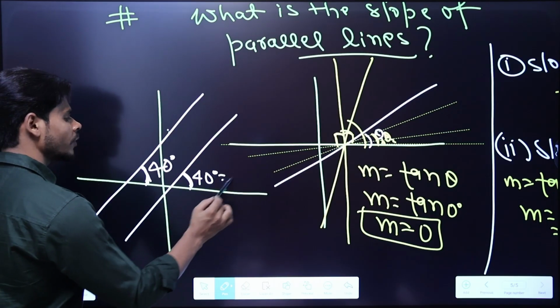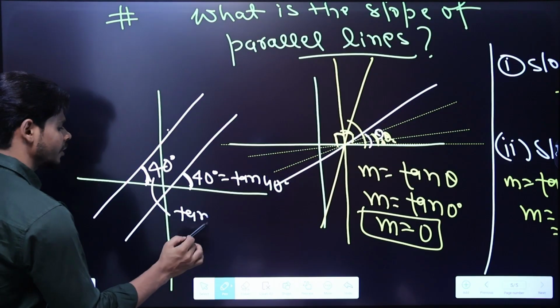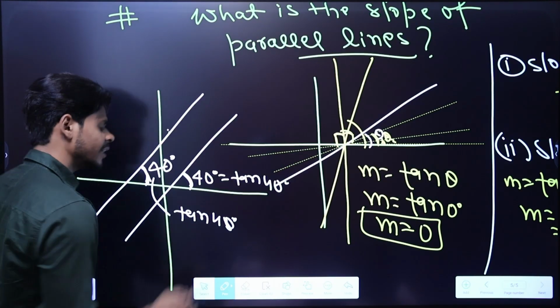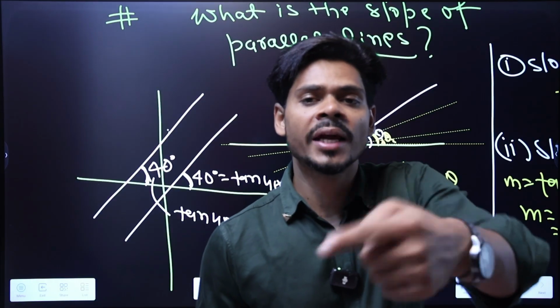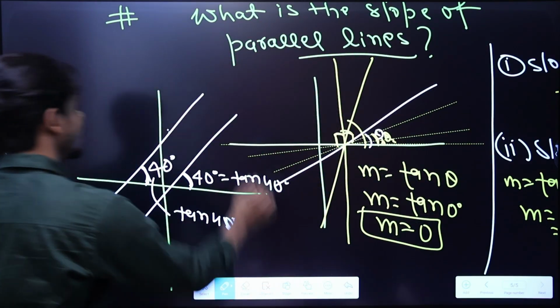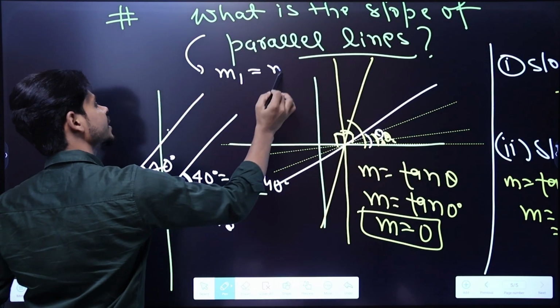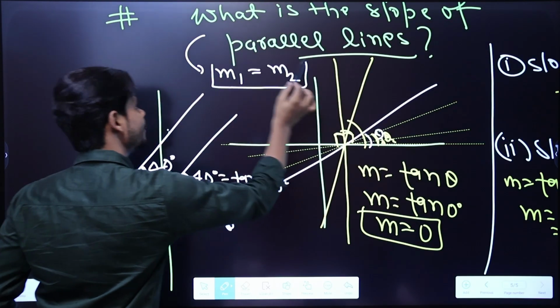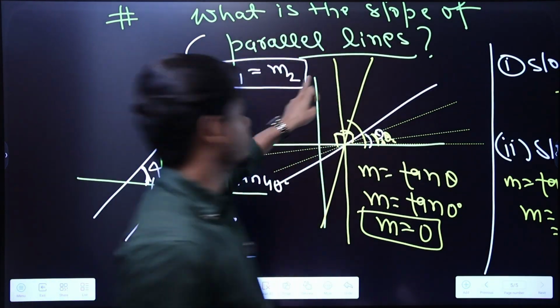So the slope for the first line will be tan 40 degrees, and the slope for the second will also be tan 40 degrees. What does it mean? It means the slope of both the lines will be equal. So over here we can say that, let's say the first line's slope is m1 and the second line's slope is m2, then both the slopes will be equal.